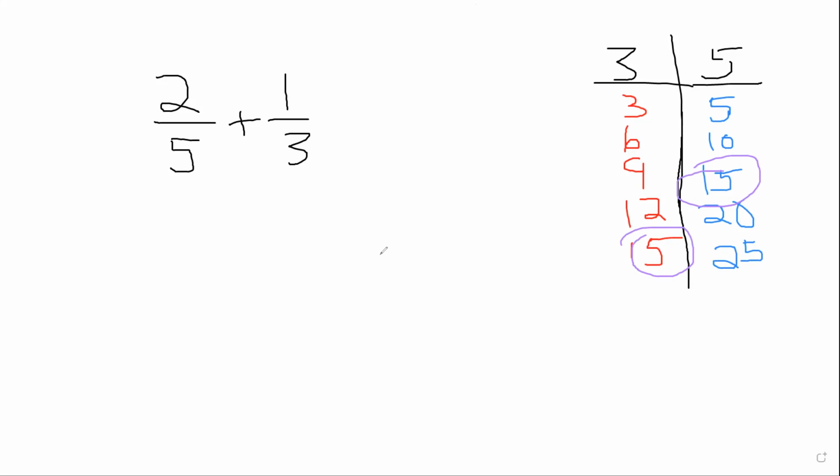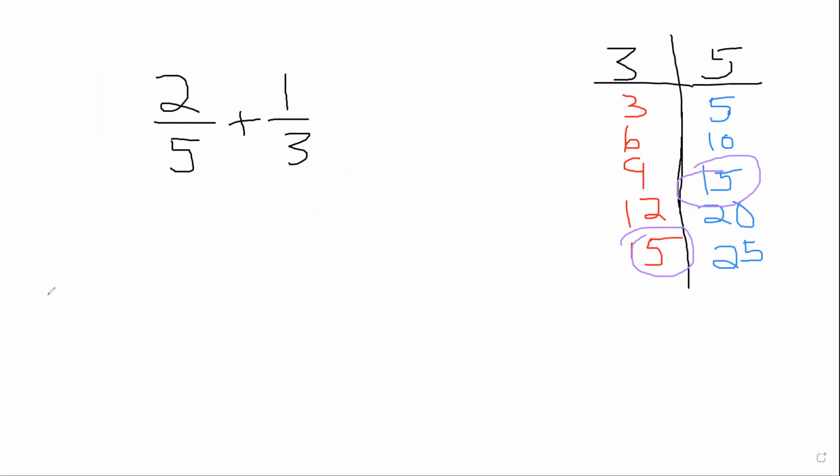15. So what that means is that we need to now create two equivalent fractions to these guys right over here so that we can add them together. So when we do that, we are going to be writing them out like this.